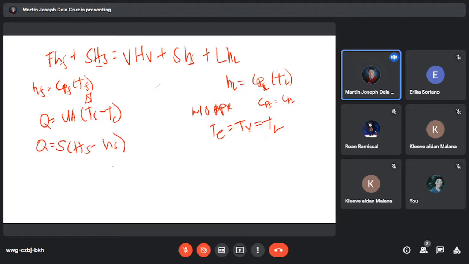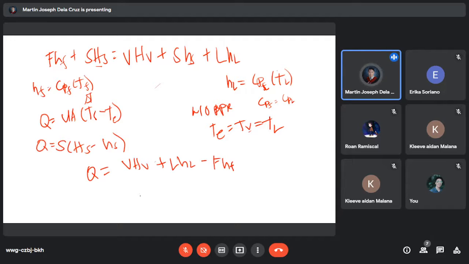Okay, so that's why sometimes we have Q is equal to your VHV, tama ba? Plus Lh L, small letter pa na, minus your FHF. Okay?